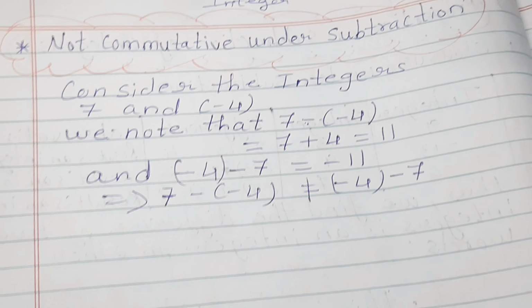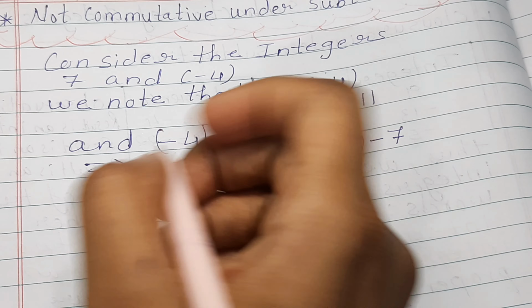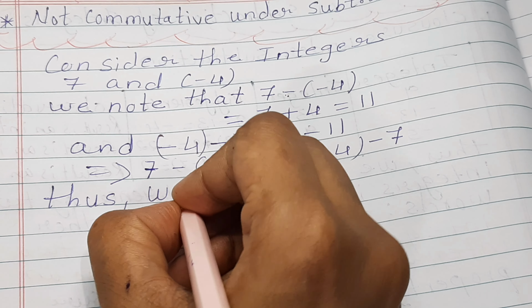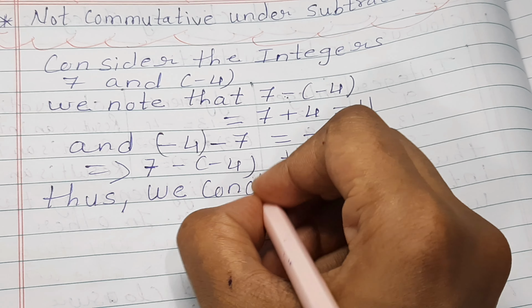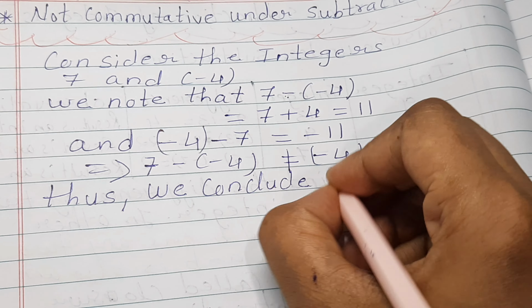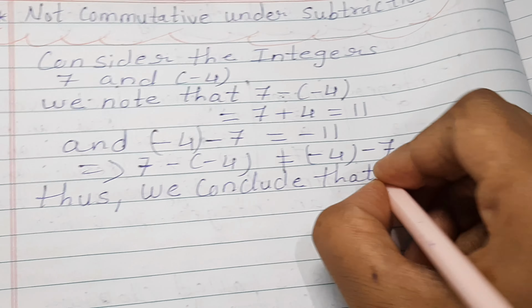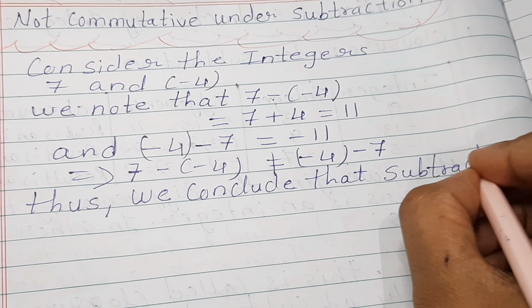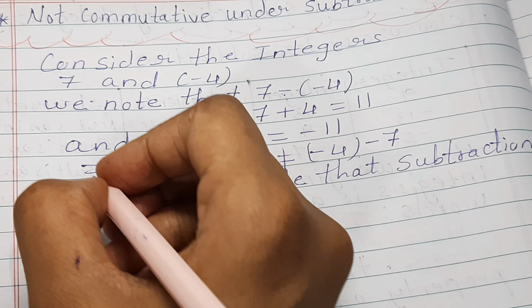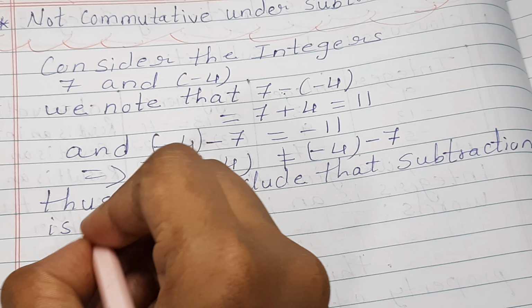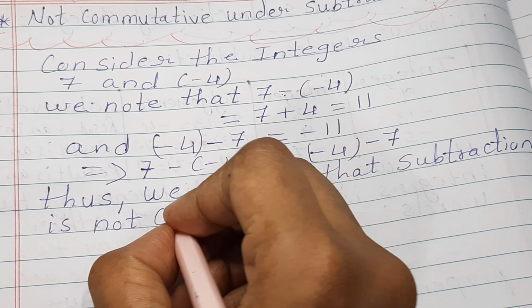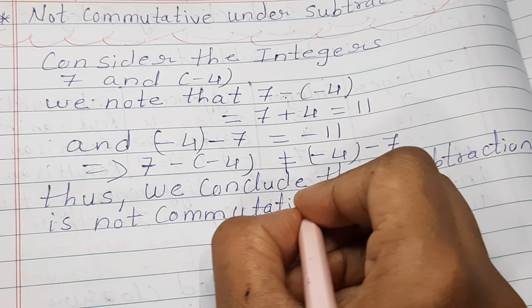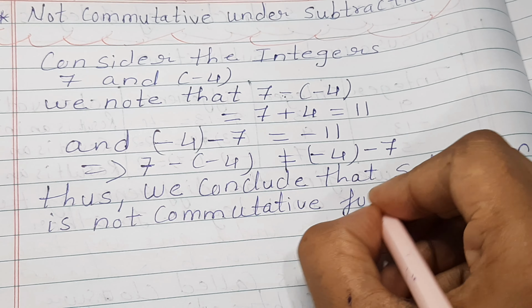So thus we conclude that subtraction is not commutative for integers.